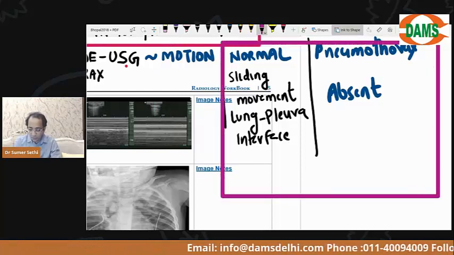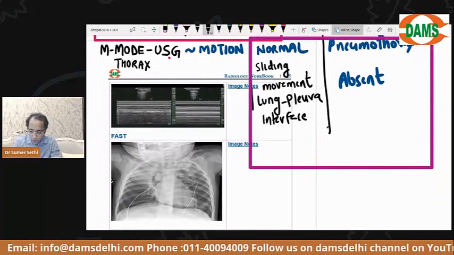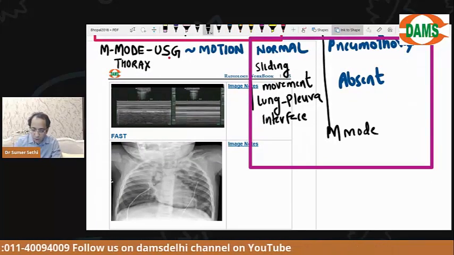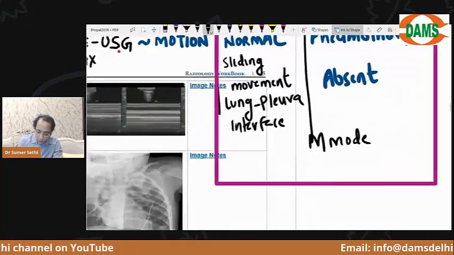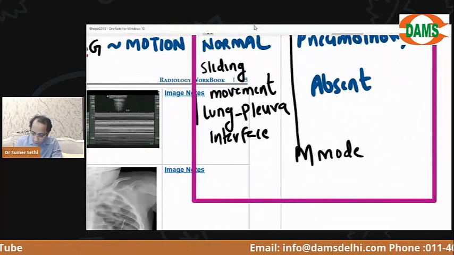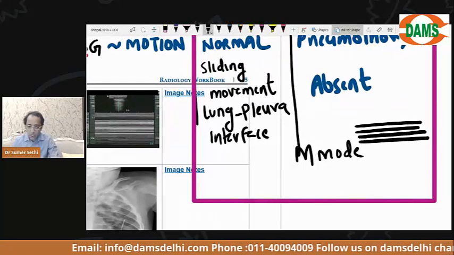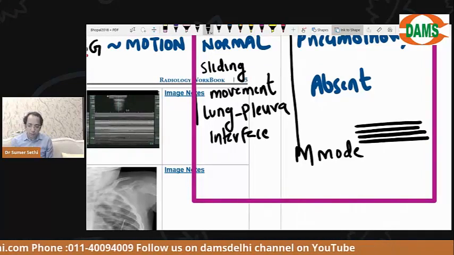Now please see with me. If I do an M mode ultrasound, if there is no movement, you will see flat lines. So at the chest wall, you will have flat lines because there is no movement.